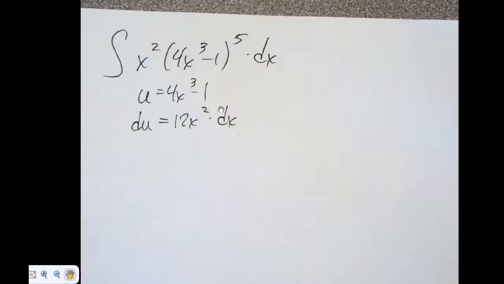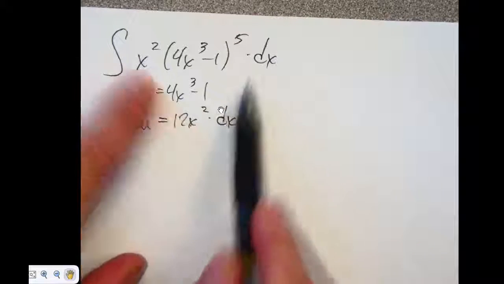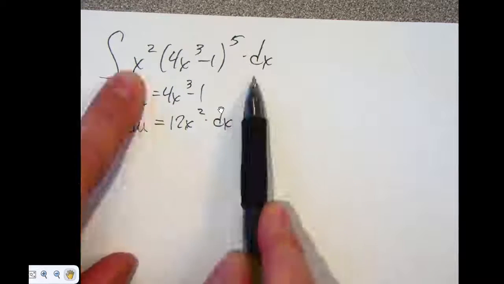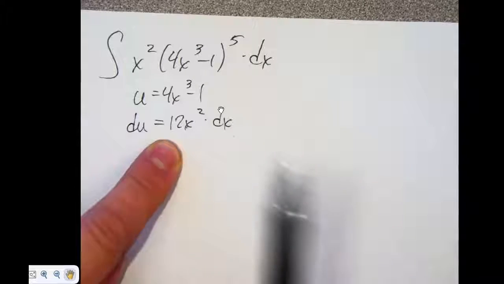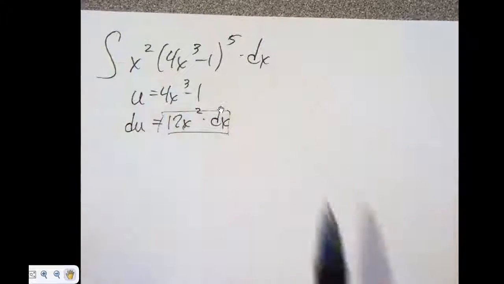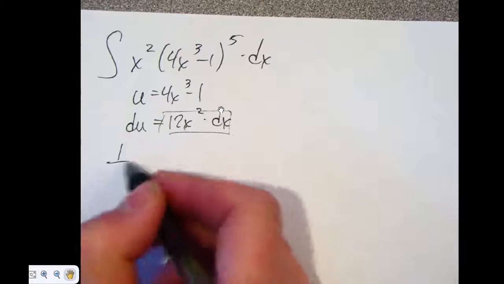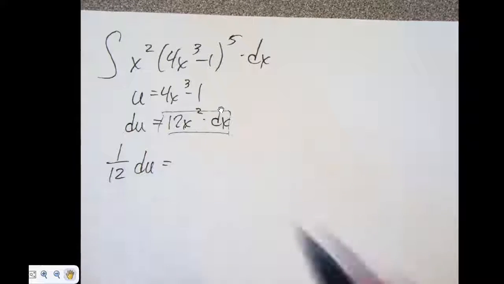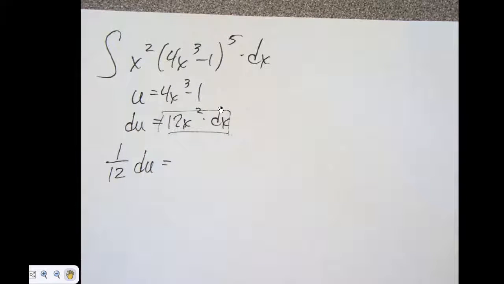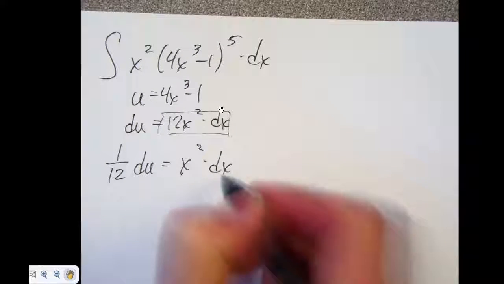So the issue here is that 12x squared times dx is not in the equation. What could I do to make it match up? Multiply it by 1/12. Then I would get 1/12 du, because I multiply both sides by 1/12, equals x squared times dx.